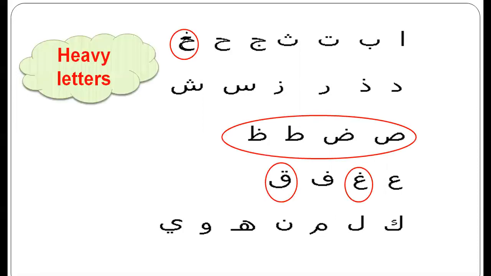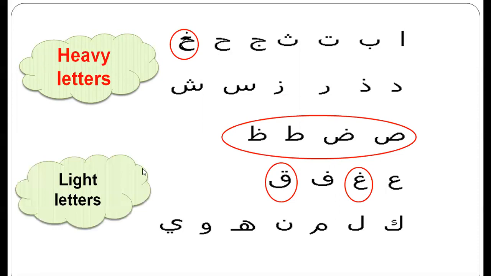We should know that Arabic has two types of letters. Heavy letters such as kha, sad, dad, ta, dha, ghain, and qaf. And the rest of the letters are light letters.